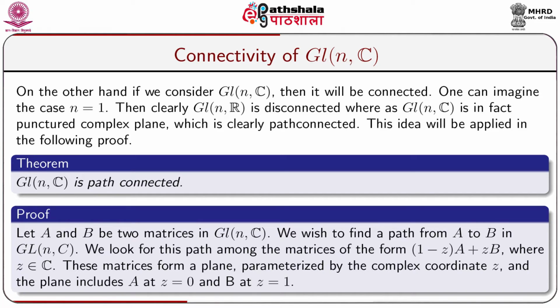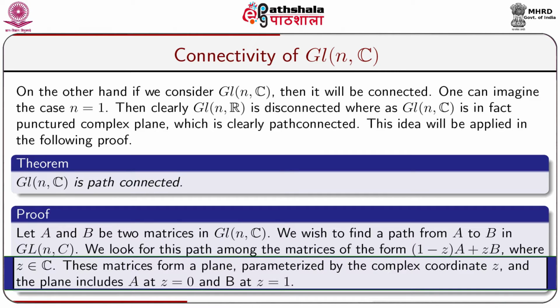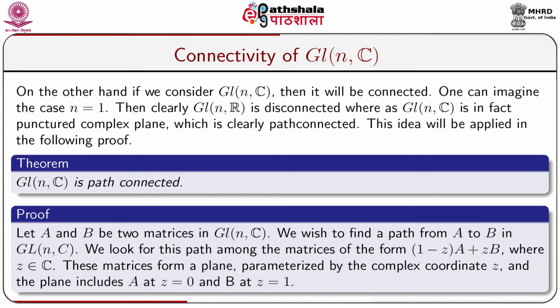But this collection of matrices forms a plane which is parametrized by the complex coordinate z, and this plane includes A at z equal to 0 and B at z equal to 1.